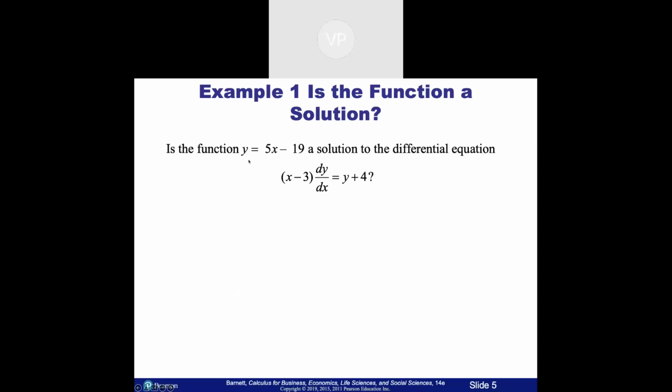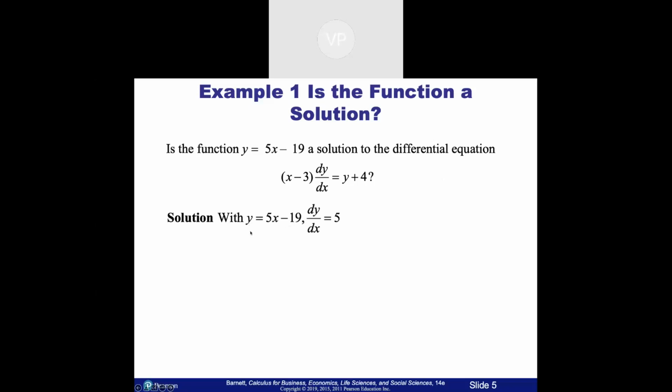So here we have a regular equation, y equals 5x minus 19, and they ask, is this function a solution to this differential equation right here? Okay, so a couple steps that we're going to do here. First off, if you take the derivative of the original equation, dy dx, you get a 5.